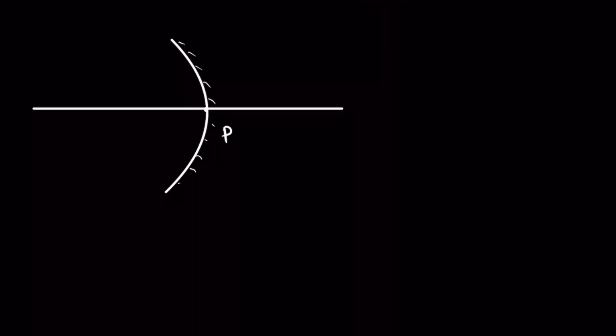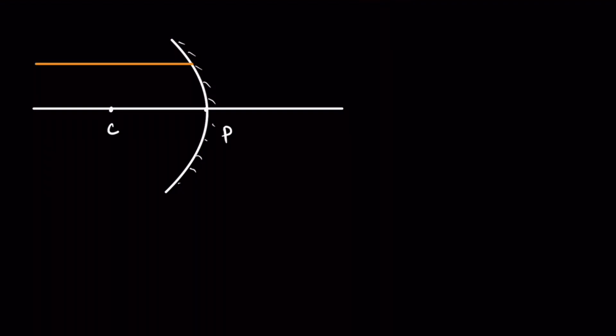If I take a concave mirror, this is our principal axis. Here is the pole. Here is the center of curvature. If we take an incident ray that is parallel to the principal axis, then on the surface it gets reflected and passes through the principal axis.